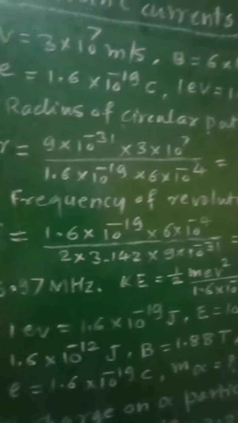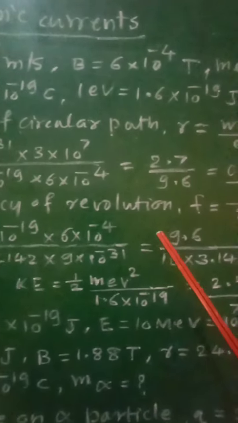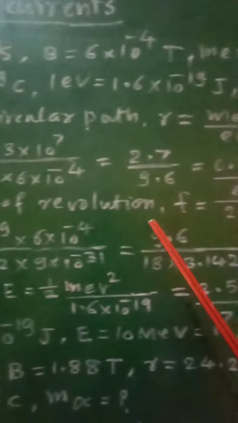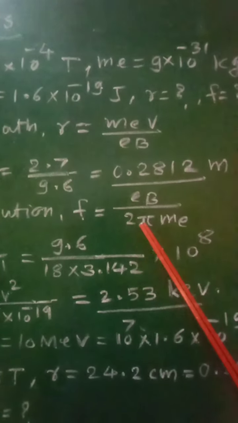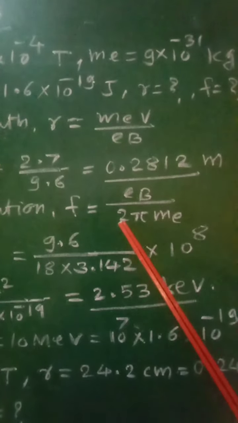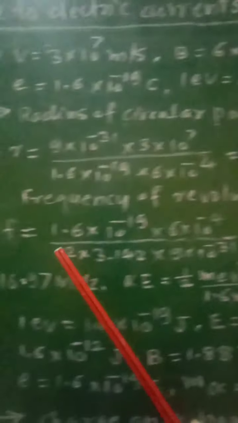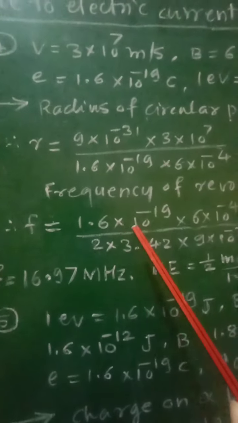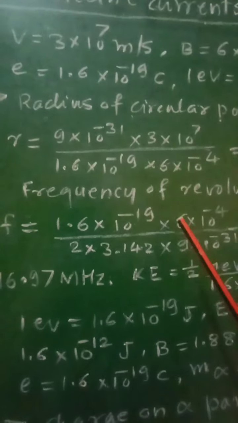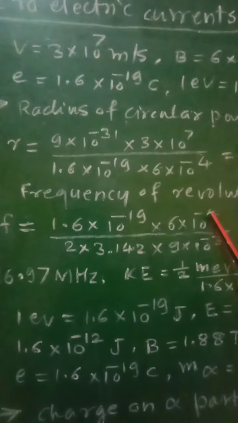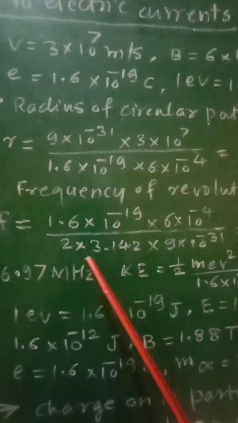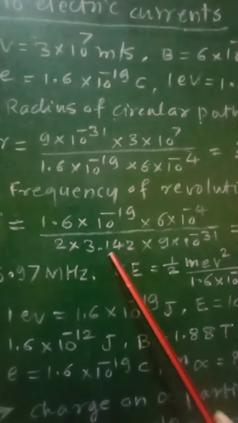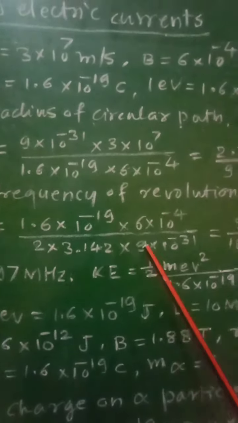Then the second quantity will be the frequency of revolution of that charge. F will be equal to eB upon 2 pi me, and therefore F will be equal to 1.6 into 10 raised to minus 19 into 6 into 10 raised to minus 4, that is the values of e and B, divided by 2 into pi, that is 3.142, into the value of me, which is 9 into 10 raised to minus 31.